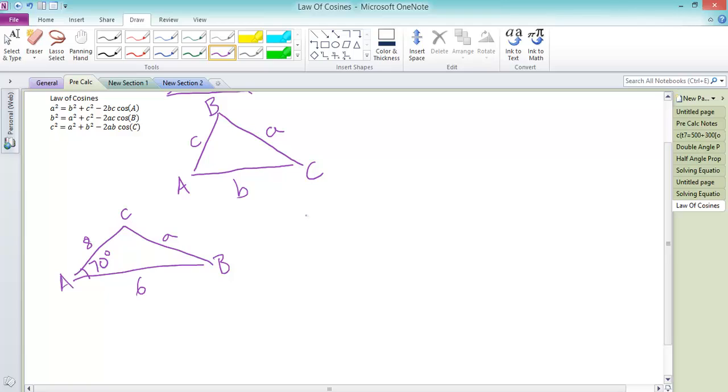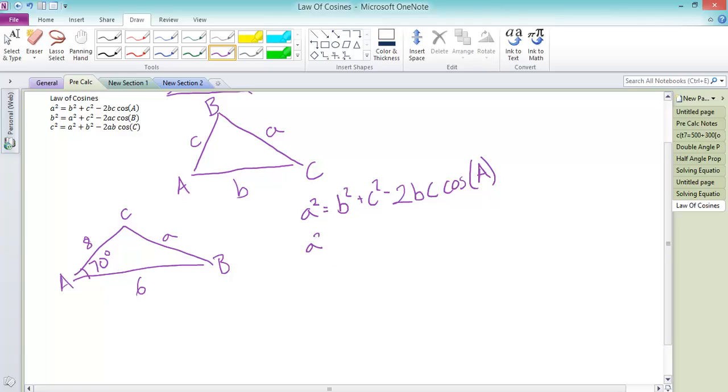To find little a, I'm going to use that first formula. So a squared is equal to b squared plus c squared minus 2bc cosine of capital A, or cosine of angle A. So why don't we fill in what we know?